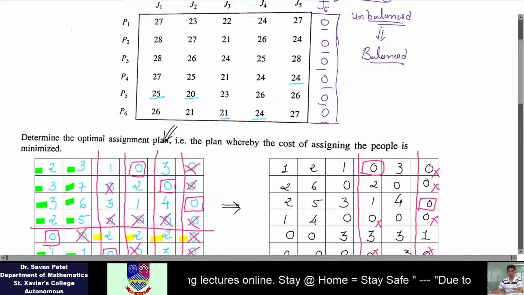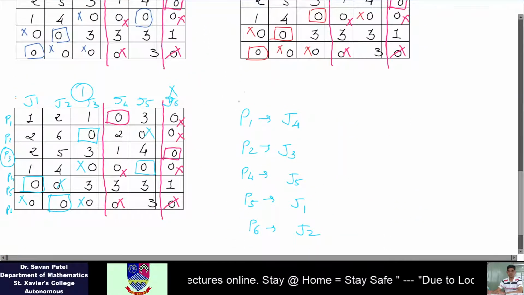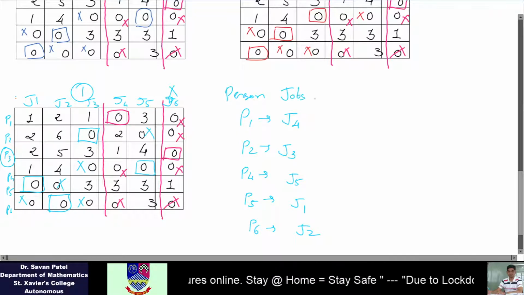Now from this, if you calculate the assignment cost, here are the persons, here are the jobs and the corresponding cost, that is the salary they are getting.